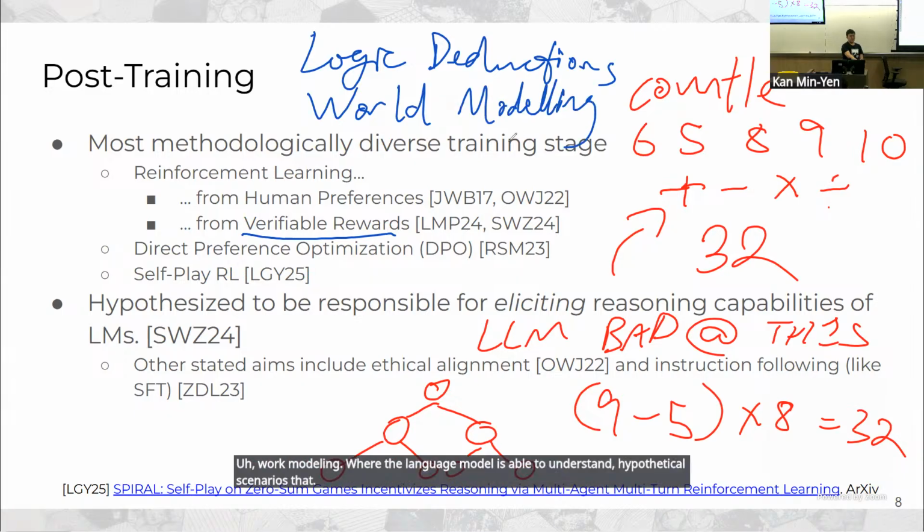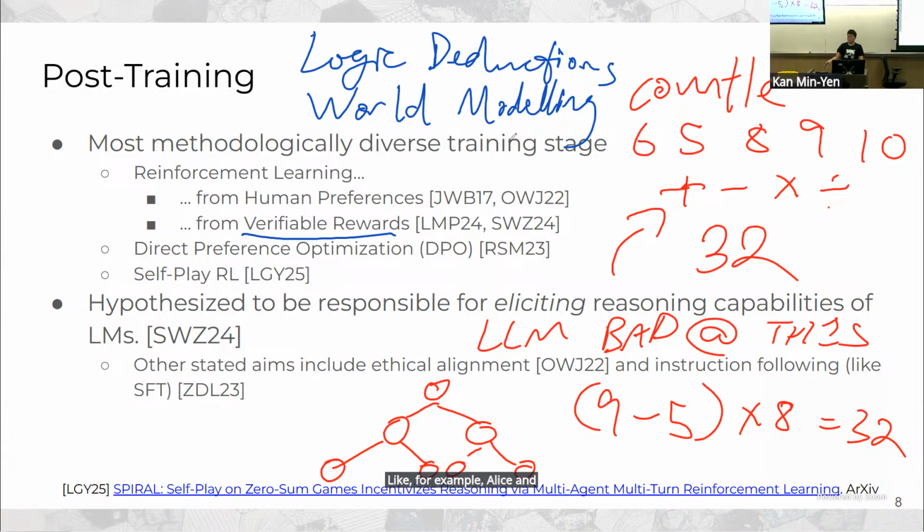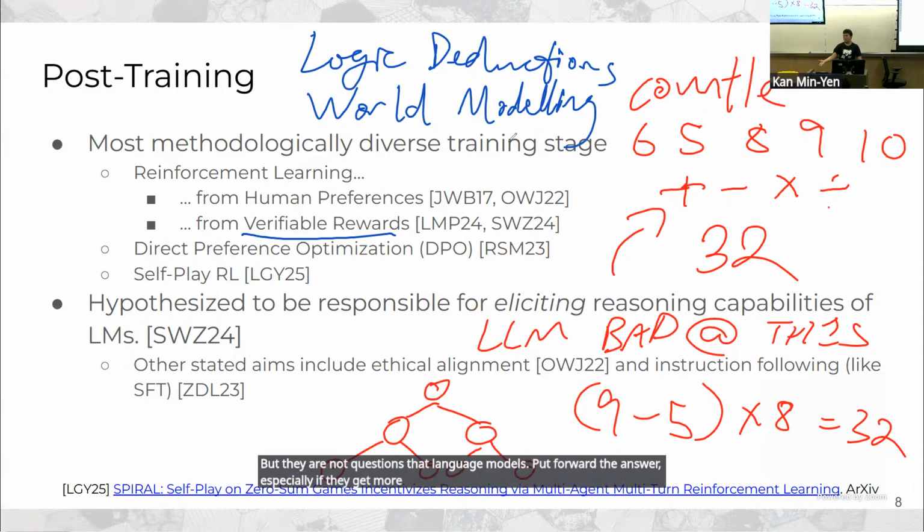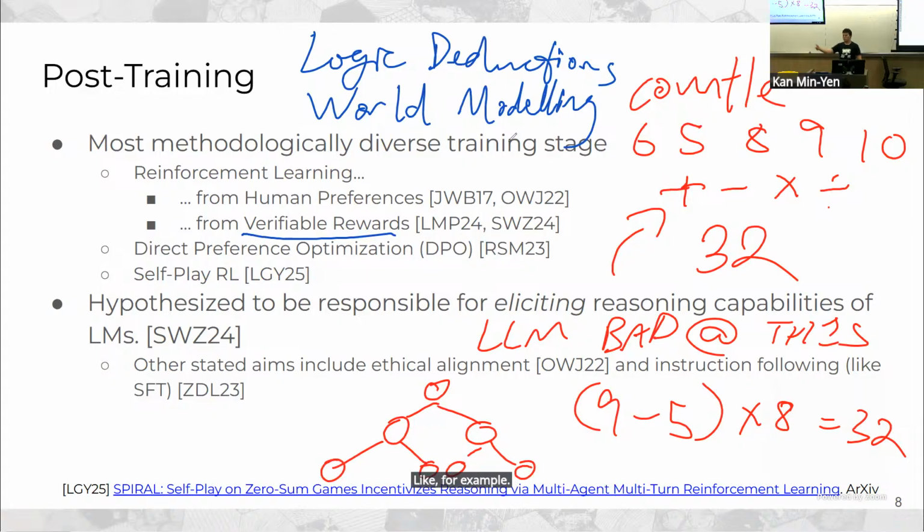Like, for example, Alice and Bob are in a room. Who is in the room? Those are questions that are very easy for you to answer, but language models could probably not answer them, especially if they get more complex. Like, for example, now Bob leaves the room. Is Bob still in the room? Or is Charlie still in the room?